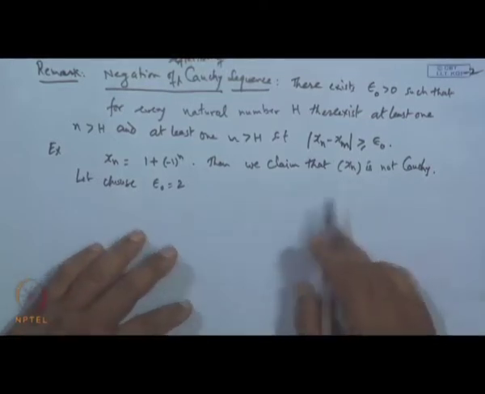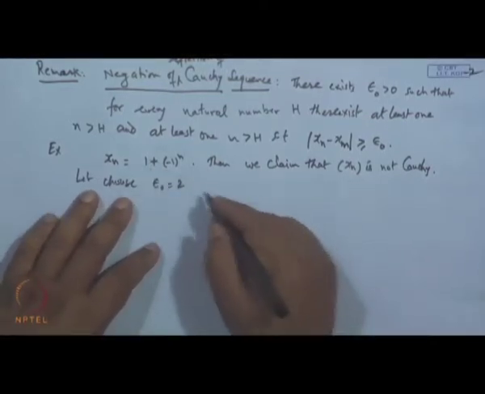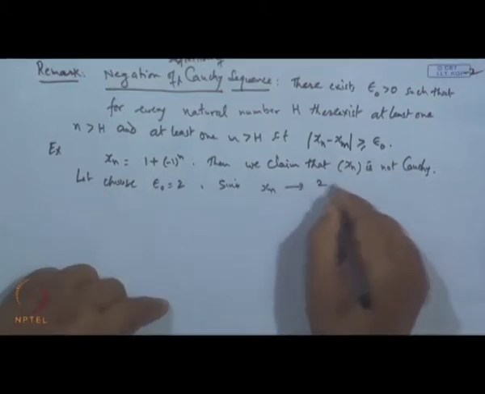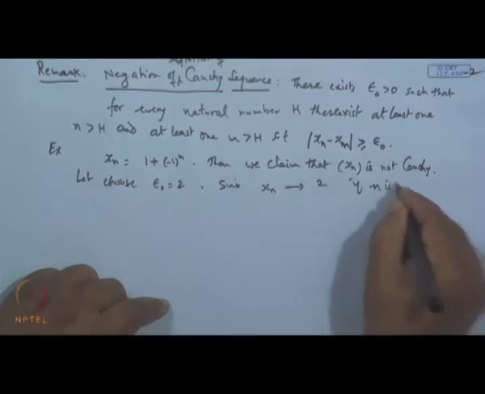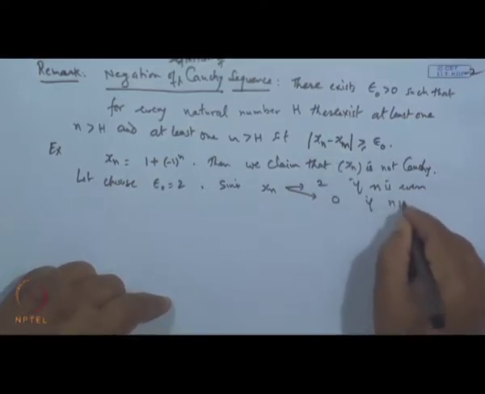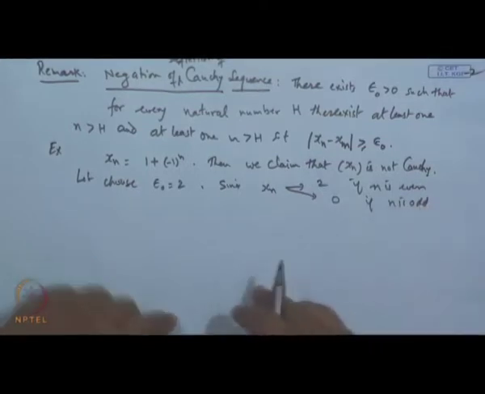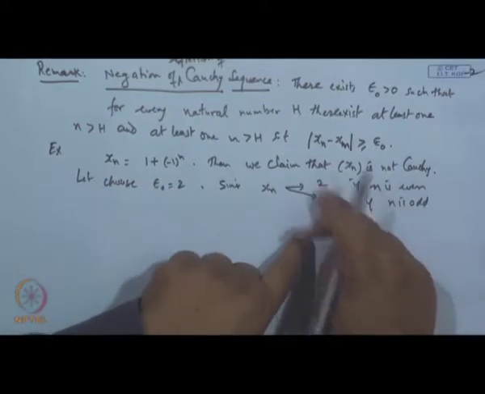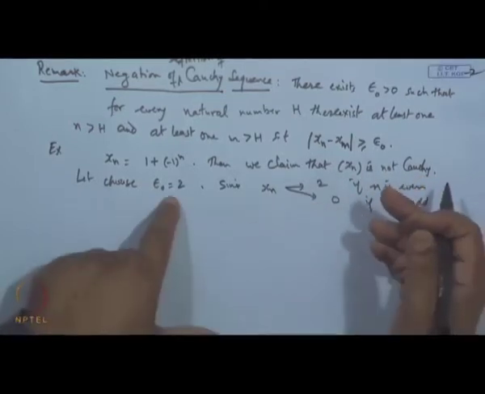Then, since the sequence x n goes to 2 if n is even and goes to 0 if n is odd. So, if we take n as even, then n plus 1 becomes odd. So, the difference between these two will be 2, which is epsilon naught.